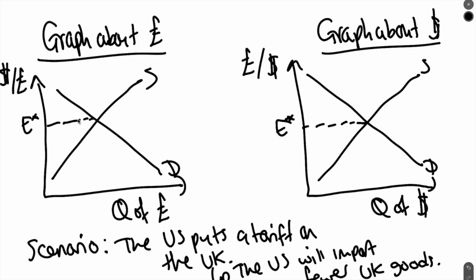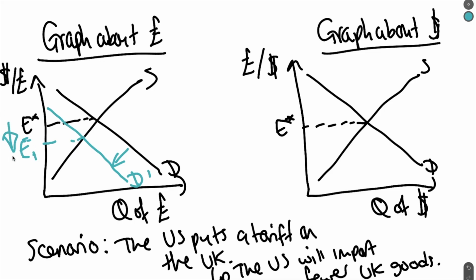The US is the foreigners in this graph because this is about the pounds. If it's about foreigners, it's always demand, and they're going to import fewer UK goods. Fewer means less, so demand is going to fall, and we see E falls.